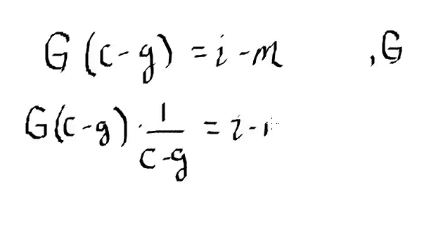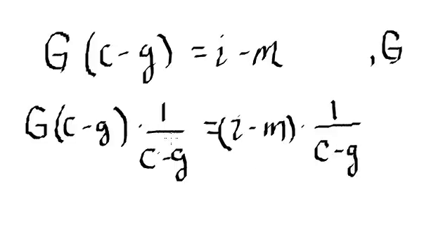I minus m. And I'm going to put this in parentheses, multiply by 1 over C minus G.